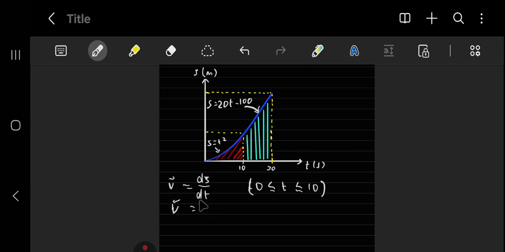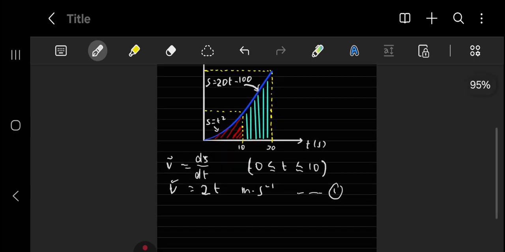We said v = ds/dt, meaning we are taking the derivative with respect to time of the position. So s = t², and the derivative of t² is 2t. That is me saying ds/dt = 2t in meters per second. So already I have my first equation for the first region.